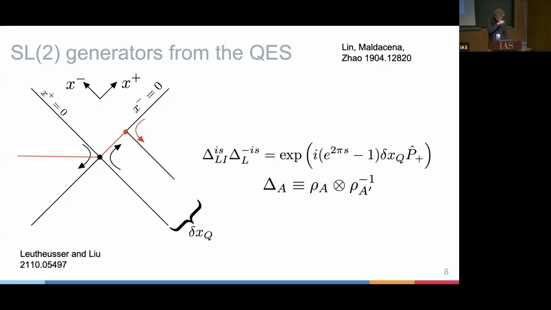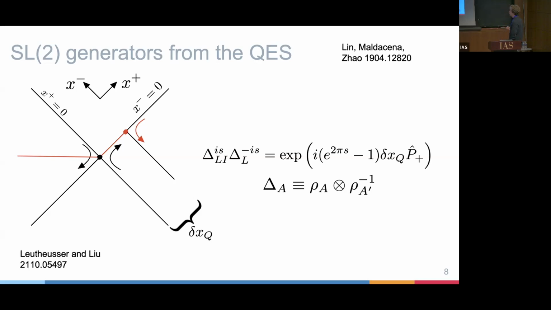Okay. One other way of thinking about this question that I just wanted to advertise quickly, which is the way I like to think about it, is when you have this boundary region L union I, you can think about something called its modular flow in the thermofield double state. So this delta operator is what I'm going to call the modular operator, but it's really just the density matrix for the region.